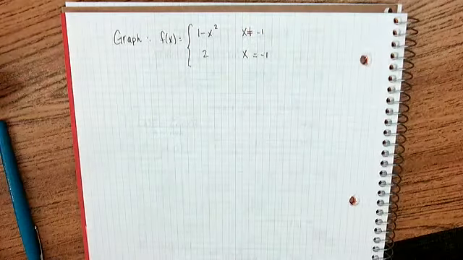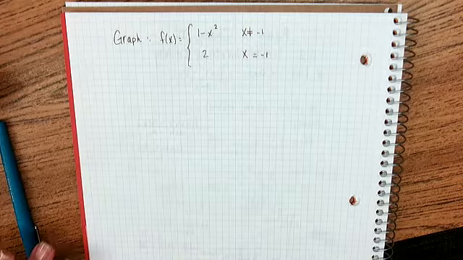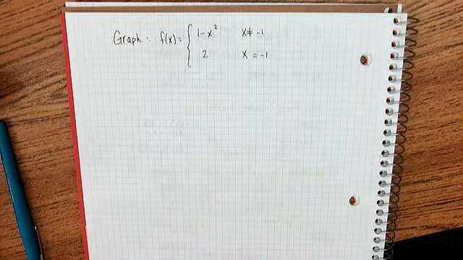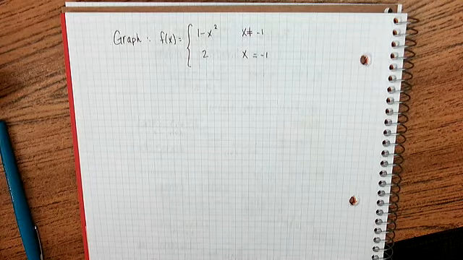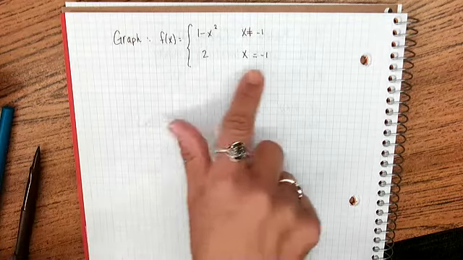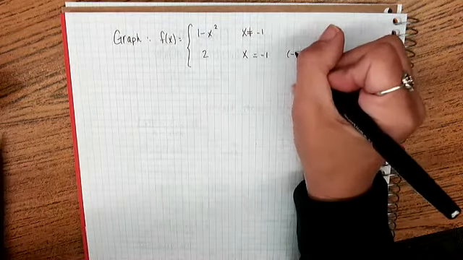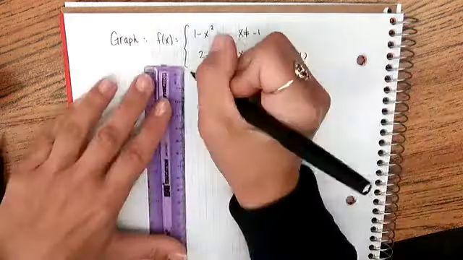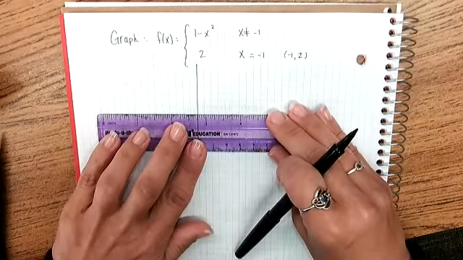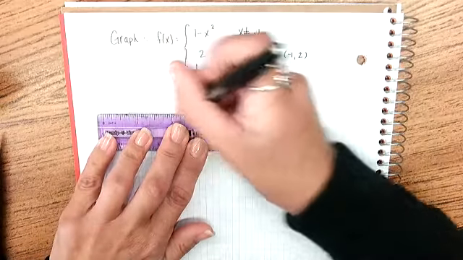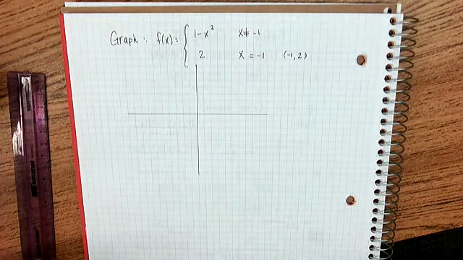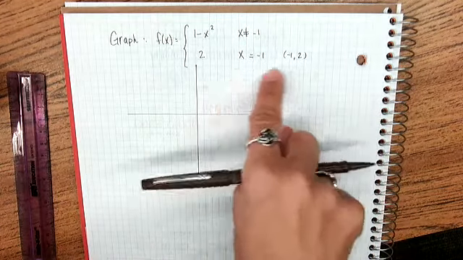If you know your parent functions, this is going to be a no-brainer. 1 minus x squared is an upside down parabola shifted up 1. This is a reflected parabola shifted up 1. When x is -1, it's just a point: -1, 2, and that's going to be a closed circle.